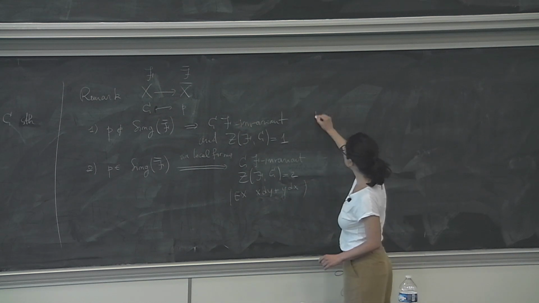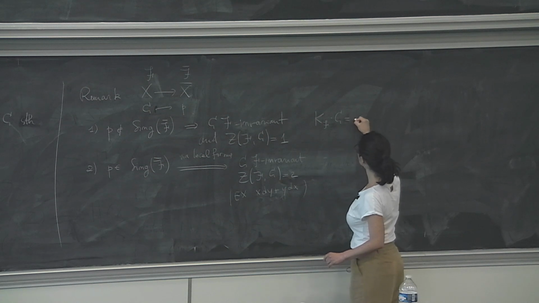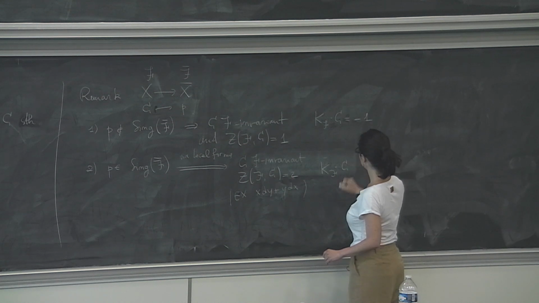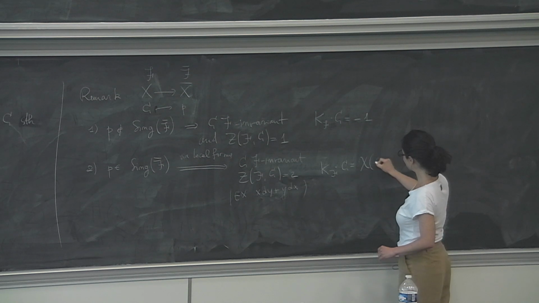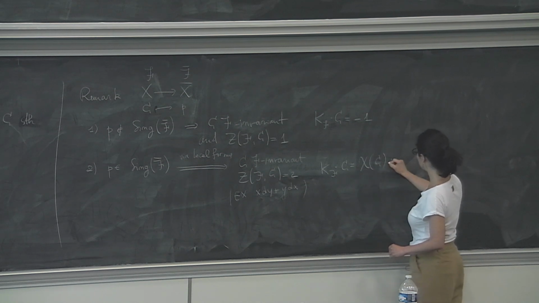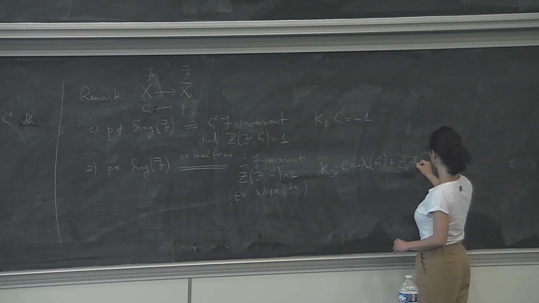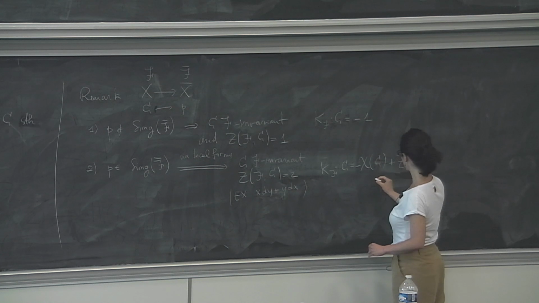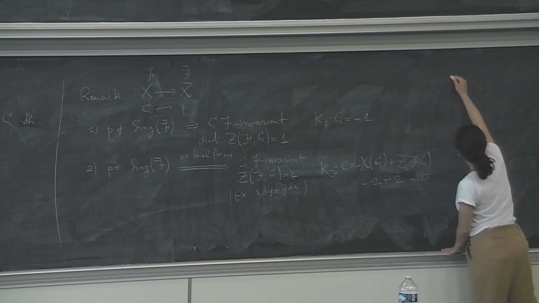So in this first case, K_F.C is -1. And in the second case, K_F.C, so maybe I should do the computation, is chi of C plus Z minus chi of C plus Z. Yes, so this is -2 plus 2, 0.